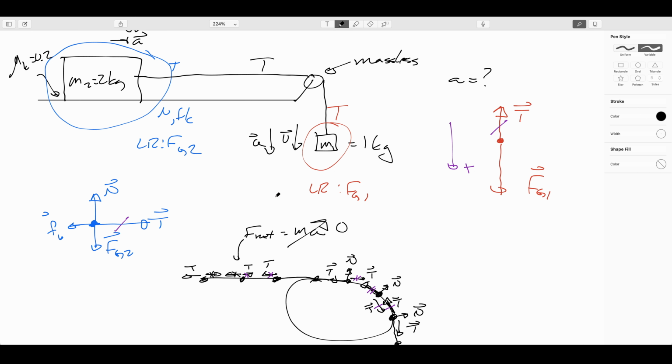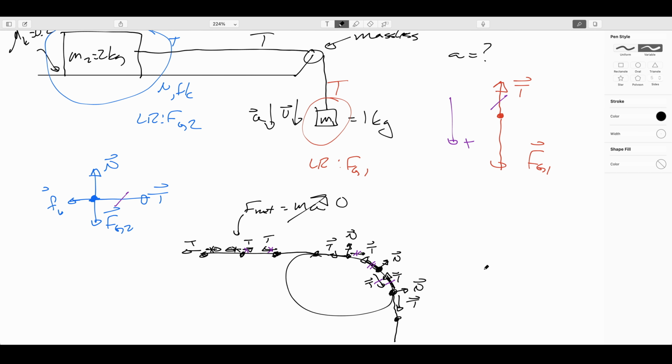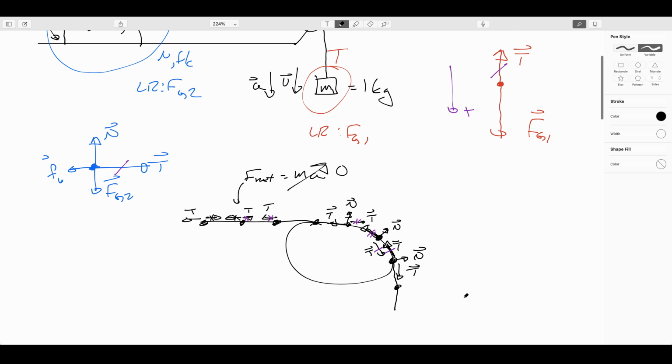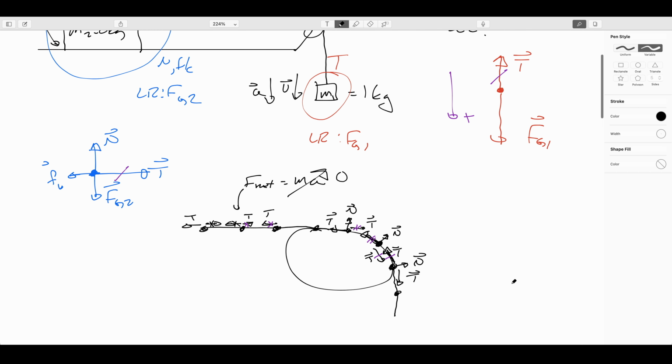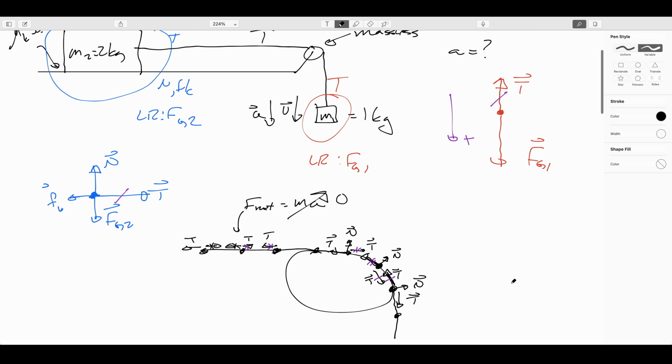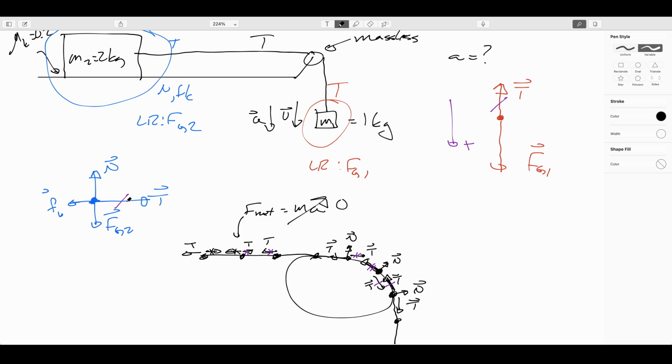This sort of a situation crops up often enough that a lot of textbooks use the absolutely annoying turn of phrase, pair of forces that act as if they are a third law pair. And this is because, properly speaking, they aren't a third law pair. Like I say, molecule by molecule is a collection of second and third law pairs all the way along the entire string. But if you can pretend that the string is massless, at least they're numerically equal to each other.